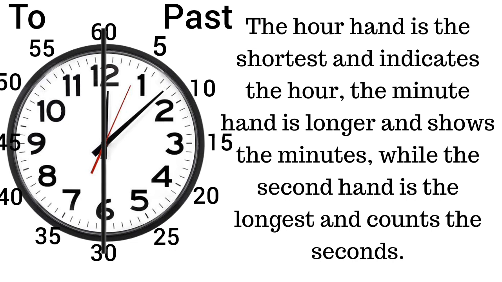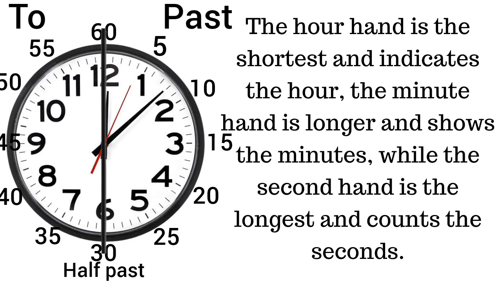When the long hand is on 6, it is called half past. Half past because the division between 12 to 6 shares the clock into two halves. So when the long hand is on 6, we have half past the last hour.